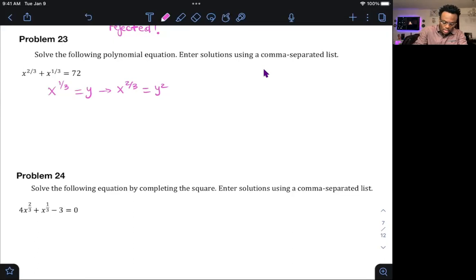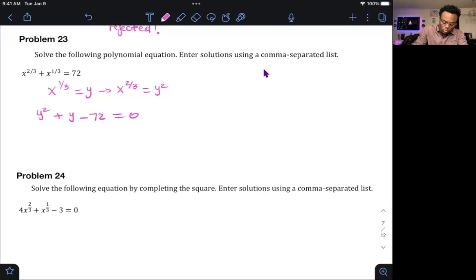So that is y squared instead of x exponent 2/3, plus y instead of x exponent 1/3, and then we can move the 72 over. So that's the new equation we have. Like I always say, never forget to return to your previous variable whenever you finish solving for y.